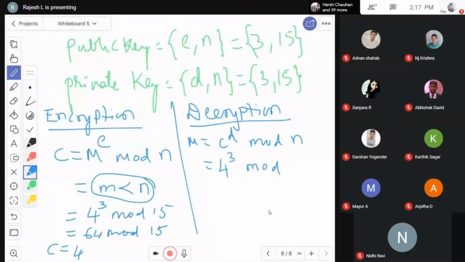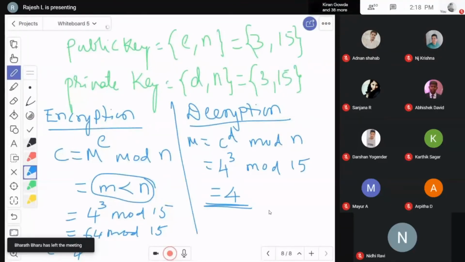Accordingly, we will get 4 as your M value. In this way, we determine the public and private keys, which are used to get the ciphertext and plain text at the sender and receiver side respectively. Any doubts?